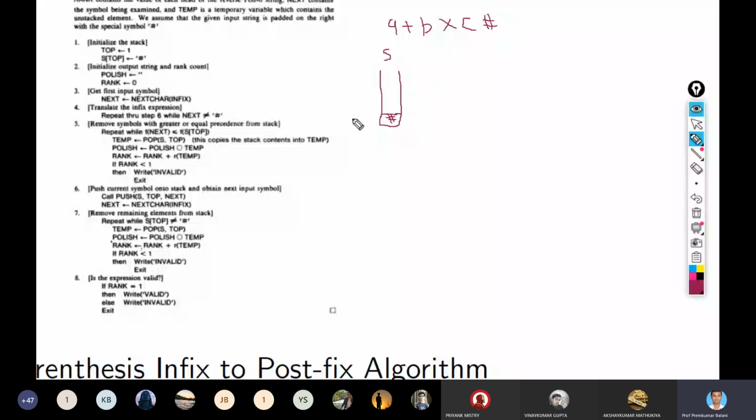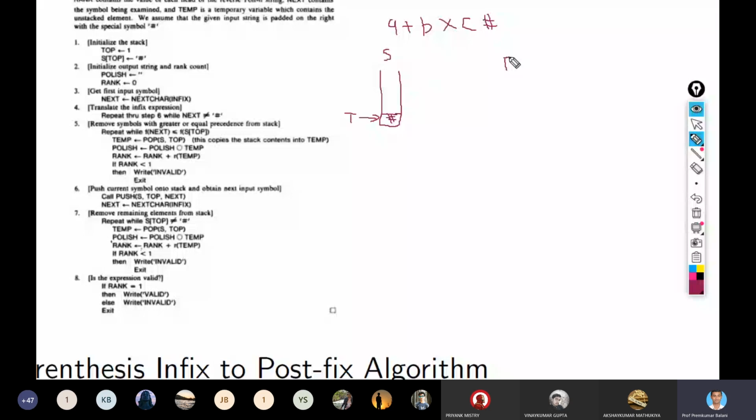Is it visible now? Yes, sir. Instead of top I only write t. You can understand, right? T means top. Now my polish expression, I would write only p, equal to empty string right now. Initially it is an empty string, right?